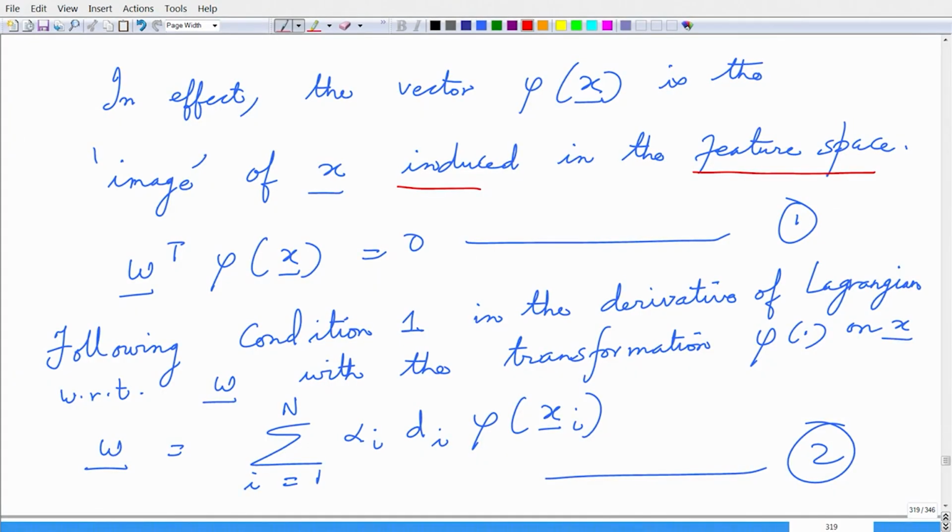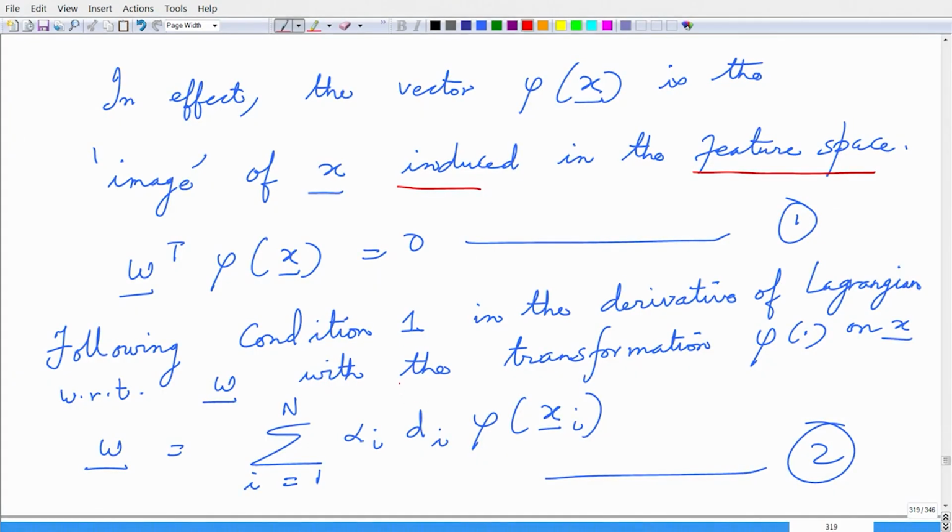Upon doing matrix calculus, I get w equal to summation i equals 1 to n of alpha i di times xi. But now this xi is not the input vector but a vector acting in the feature space. So xi would be replaced by phi of xi when we deal with the problem where we invoke the nonlinear mapping.